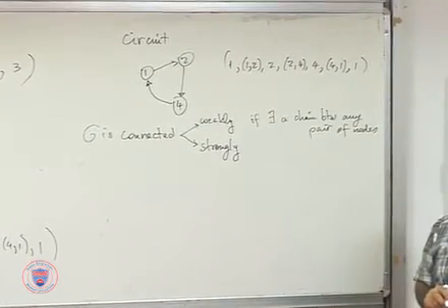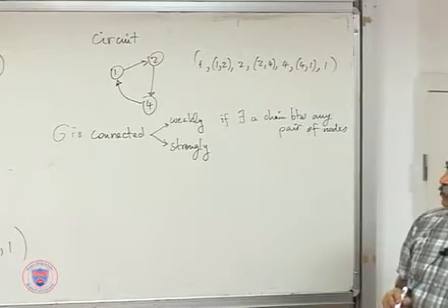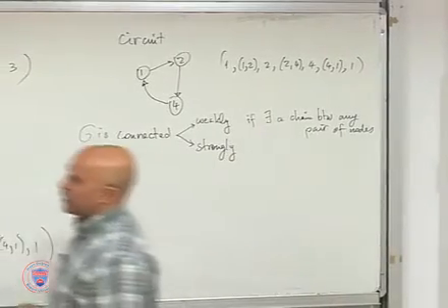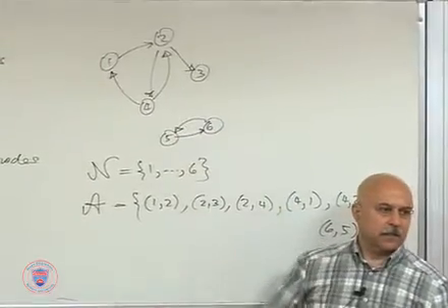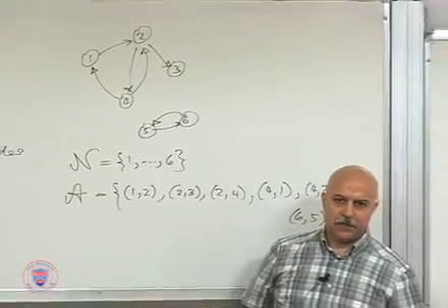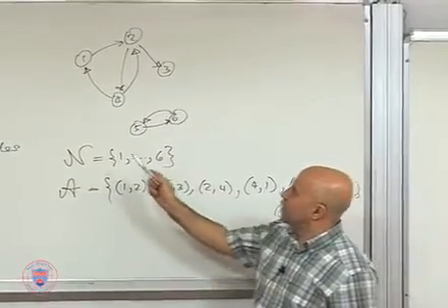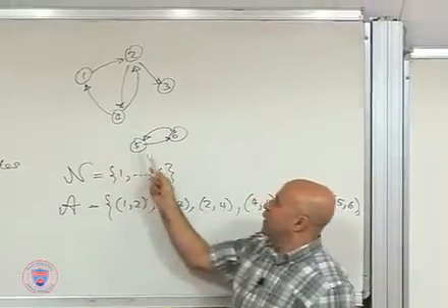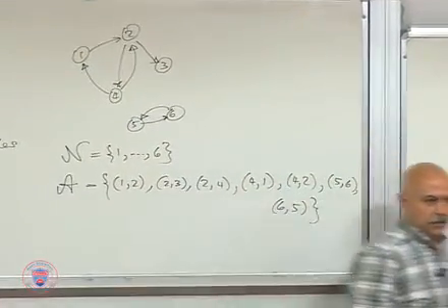Okay? You can get from any node to any node. In the example graph, this is not connected. Why is it not connected? Because, for example, between node 1 and 5, you don't have any chain. Okay?